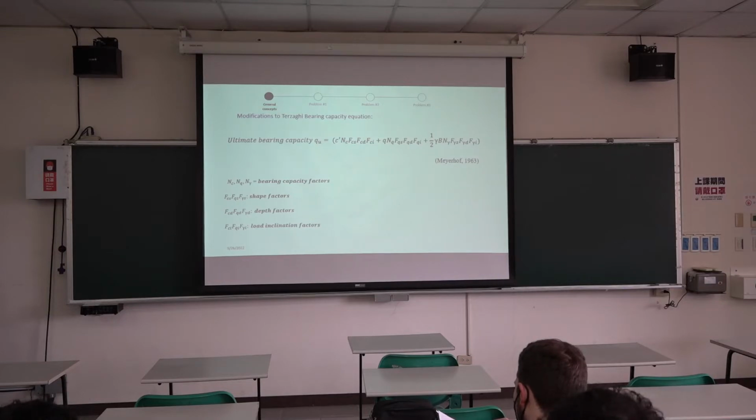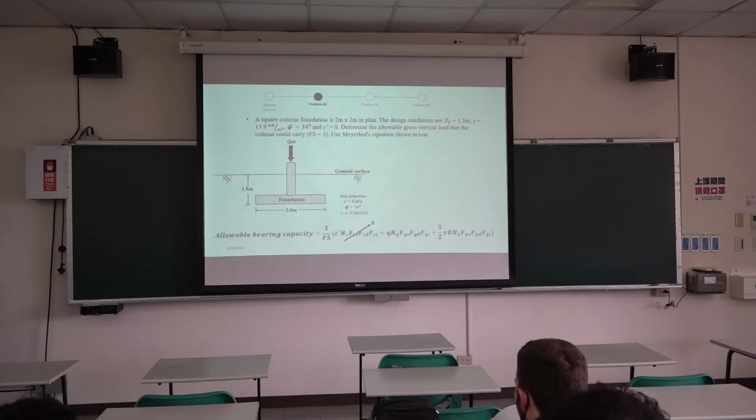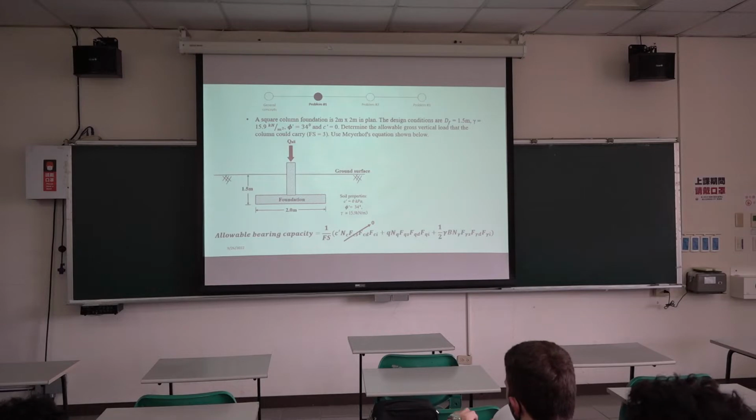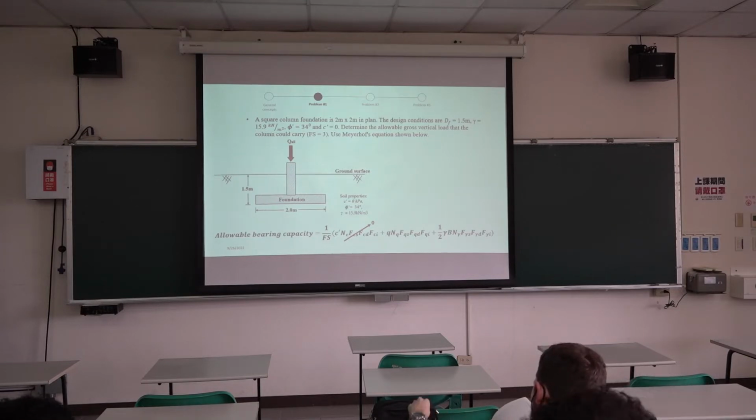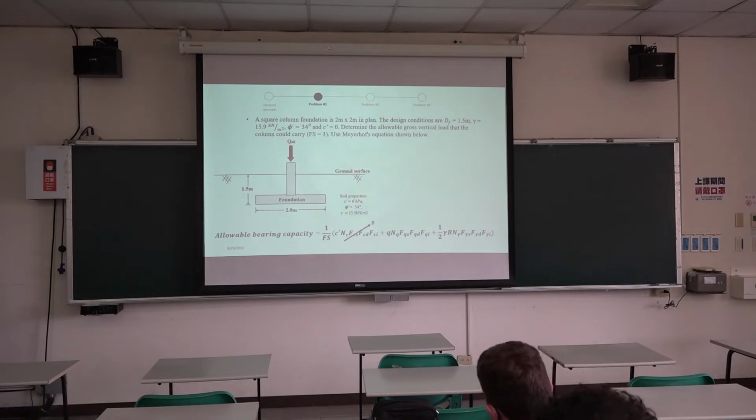Okay. So let's start with this example. We are told that we have a square column foundation that is 2 meters by 2 meters in plan. The design conditions are depth of embedment is 1.5, as can be seen in the diagram, and the unit weight, gamma, is 15.9.